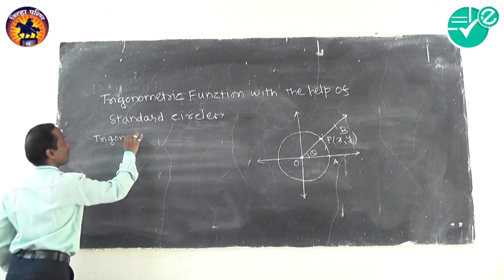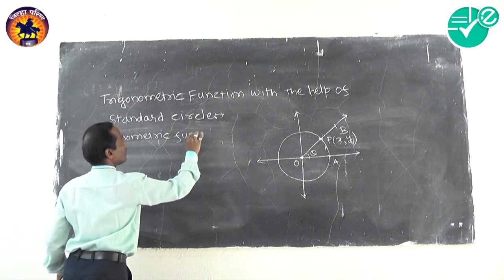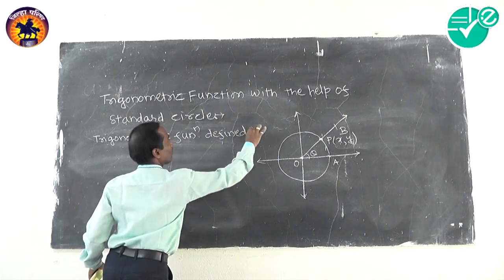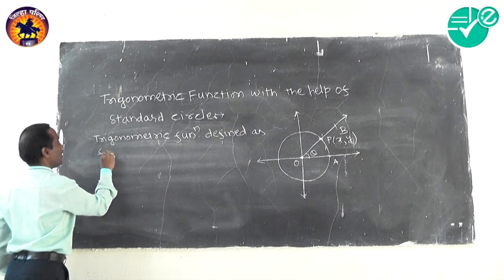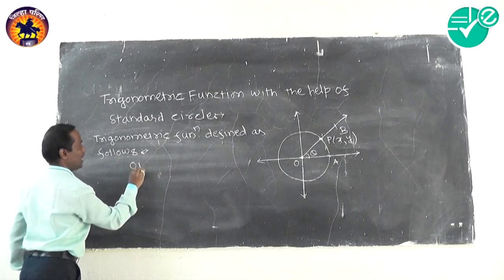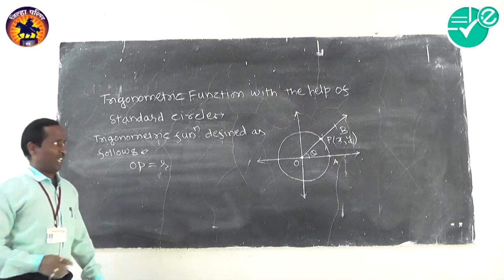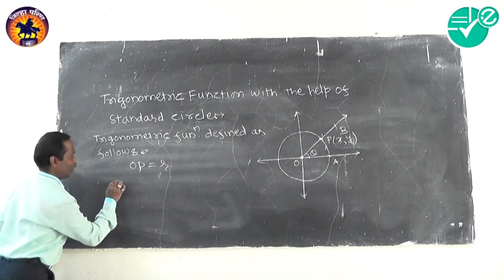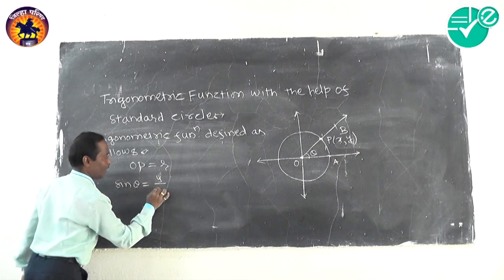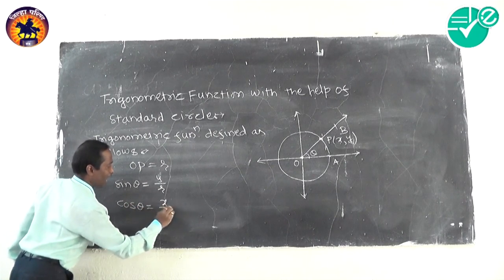Trigonometric functions are defined as follows. Here OP is equal to r, and the coordinates of point P are x, y. Then the trigonometric functions are defined as sin theta is equal to y by r. Cos theta is equal to x by r.